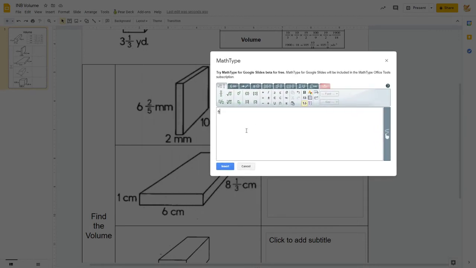So we have 6 and 2/5, which equals 5 is my denominator times, oops, I have to use the times here, otherwise it becomes cursive. 6 plus 2, let's see, 5 times 6 is 30, 32 over 5.